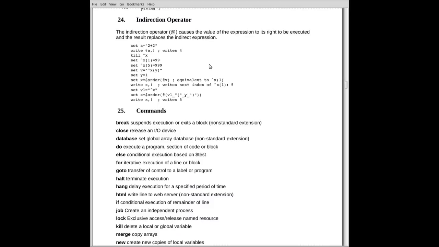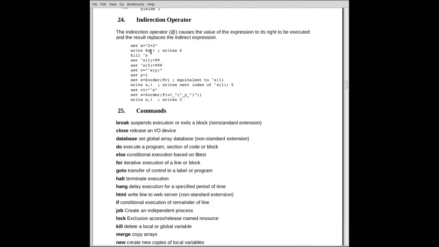The indirection operator is another weird operator that most other languages don't have. There's also an indirection command called execute. It's a unary operator that causes the string it applies to to be executed. So if I have a string consisting of 2 plus 2, that's just a character string, and I say write at A, then it will evaluate the contents of A and write out 4.